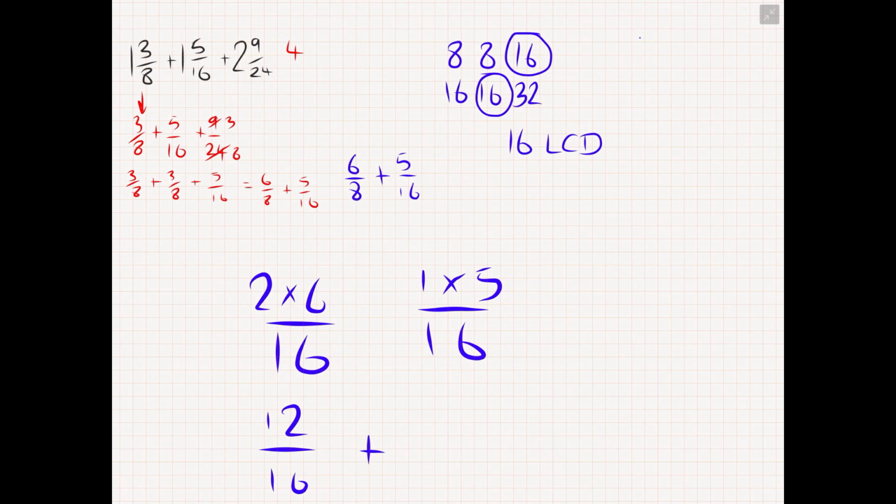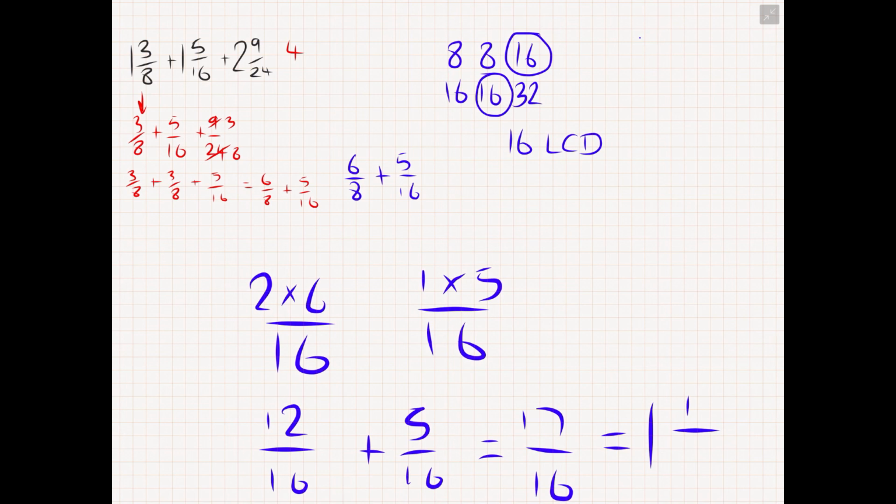And it's just a simple case now of adding the numerators together. So we add 12 and 5, which gives us 17/16. 17/16 is a top-heavy fraction, so 16 will go into 17 once, so this will give us 1, with 1 remaining, 1/16.